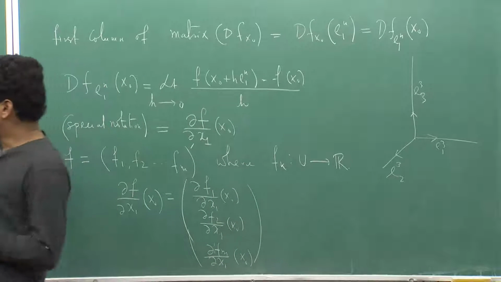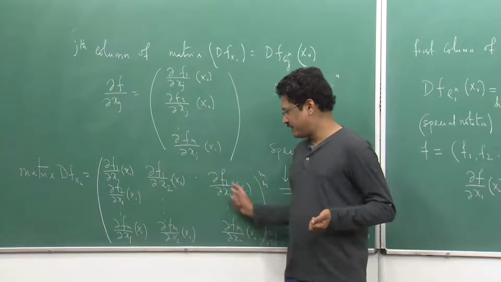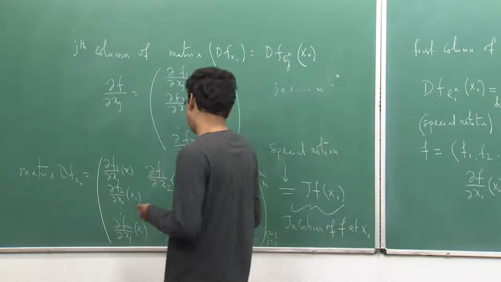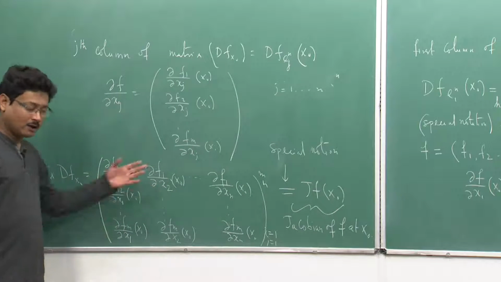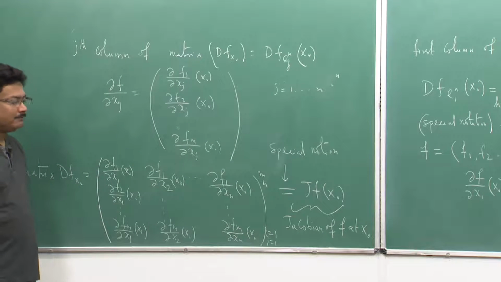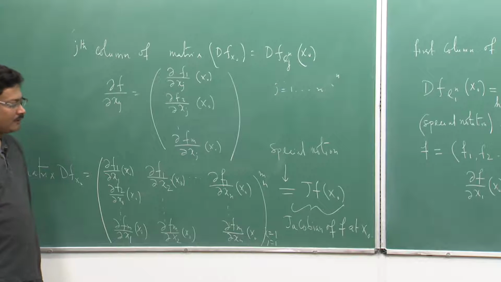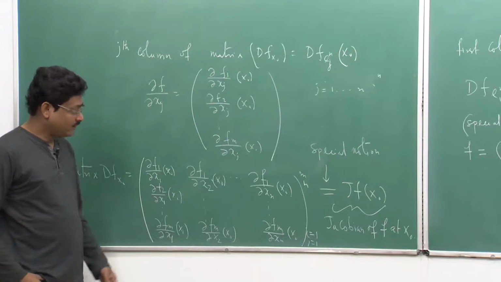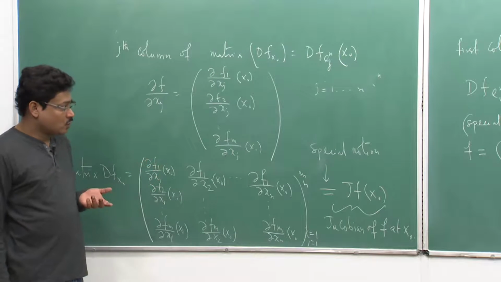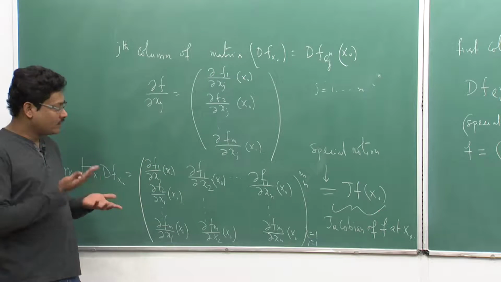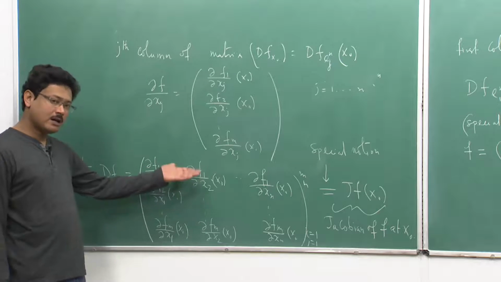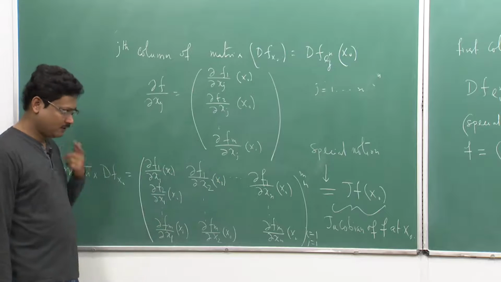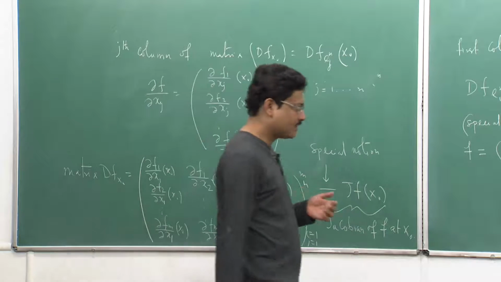So, given any function f, maybe all these partial derivatives del f_i by del x_j exist, but f may still fail to be differentiable. So, after computing this, I actually have to check that this is the derivative, that is, that it satisfies the definition. I will explain it through an example.